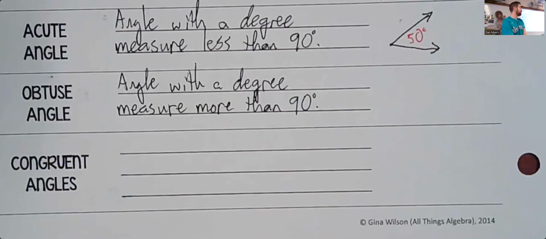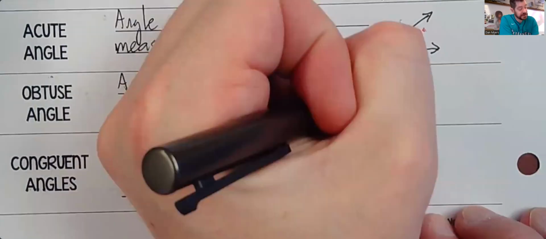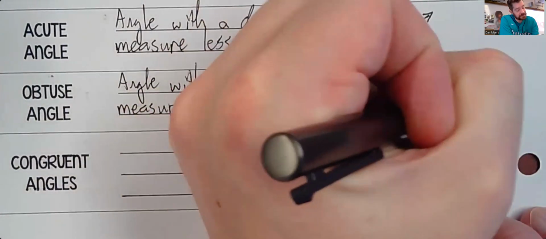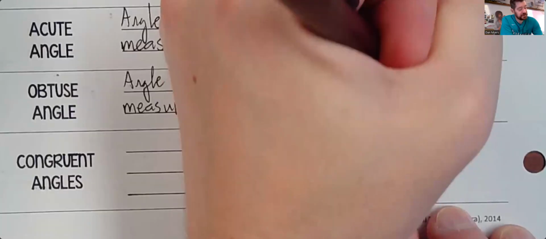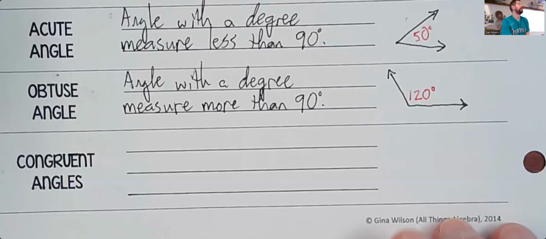So I think we're all familiar with this one as well. If we go with an angle that looks about like that, this one would be obtuse. That's more than 90. So let's put a number in here more than 90. Let's call that 120.